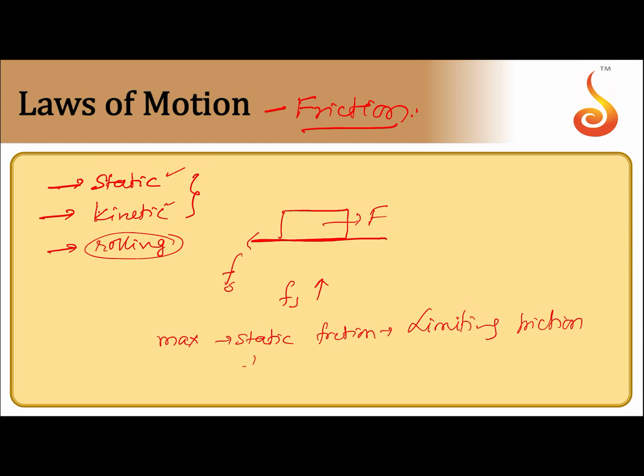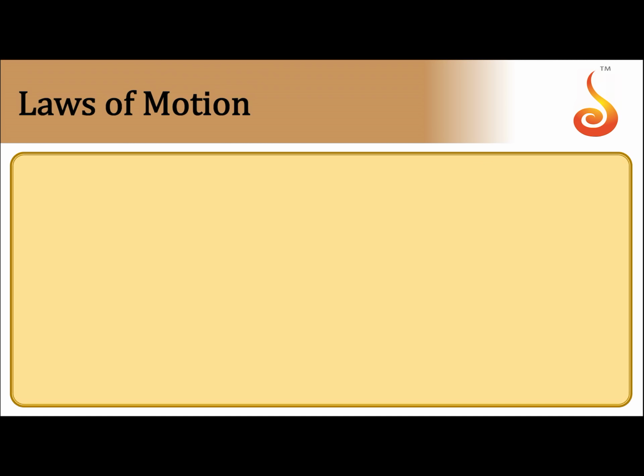This limiting friction, which is represented by F limiting, can be shown to be equal to mu N. Limiting friction is equal to mu N, and this mu, that is coefficient of static friction, is an indicator of the extent of roughness between the surfaces. So we can write coefficient of static friction as limiting friction divided by normal reaction.